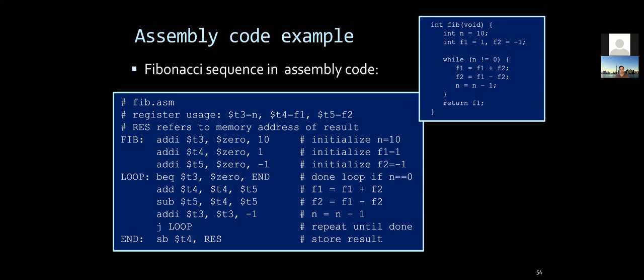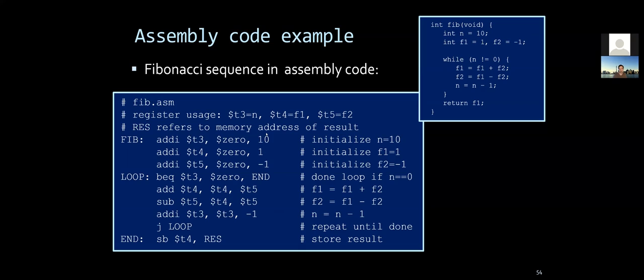Okay, so that would be the assembly, right? Here's the C code, and this is the assembly code. This is how you initialize something to 10, right?